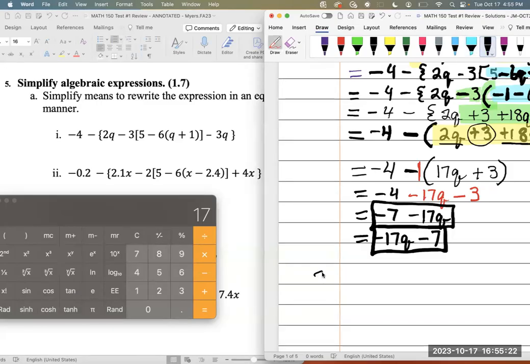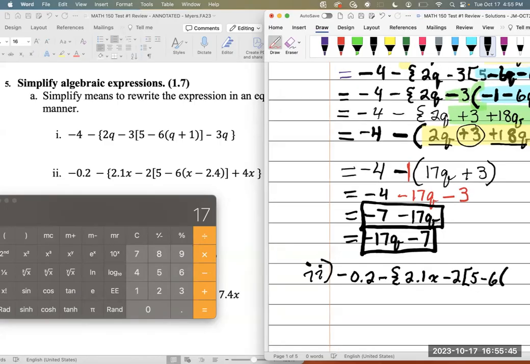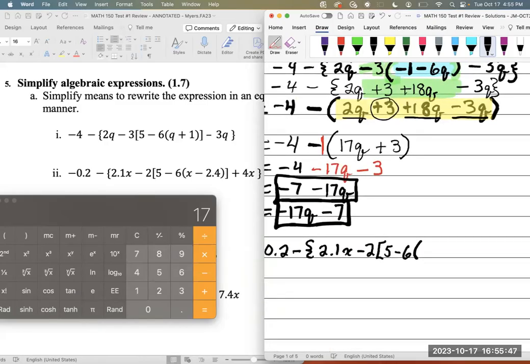Notice for number 2, there are decimals. This is an expression, so we cannot multiply both sides by some factor of 10 to get rid of the decimal. We actually have to work this entire problem with the decimals. Make sure you copy it down correctly.